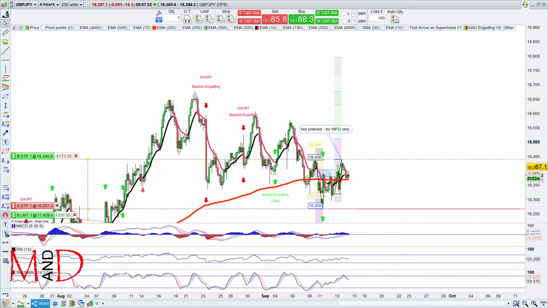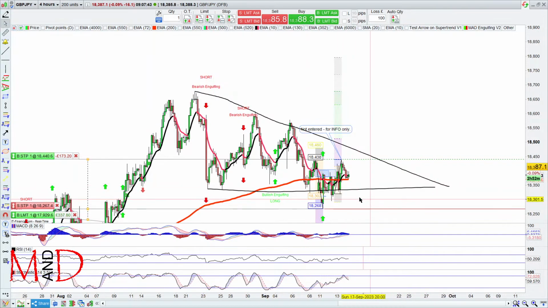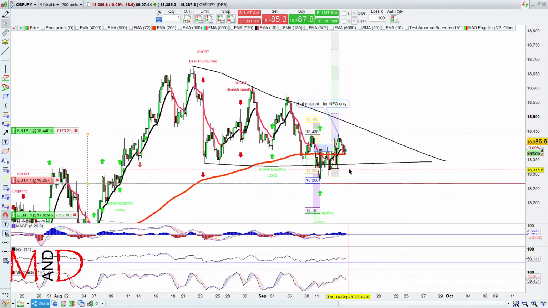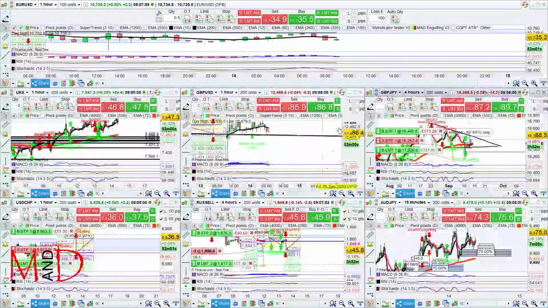So if you look at it, we're going in a wedgie, and we've actually broken out of that to the downside. That's probably a liquidity sweep or grab, but it's facing downwards. So for me, long's not on the table. Might work out to be the wrong thing.